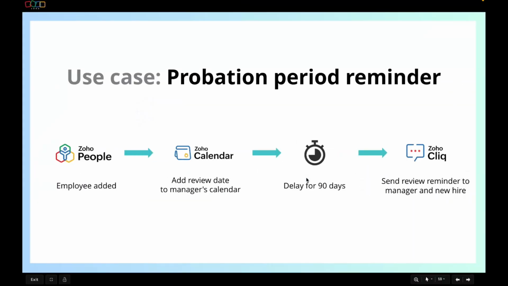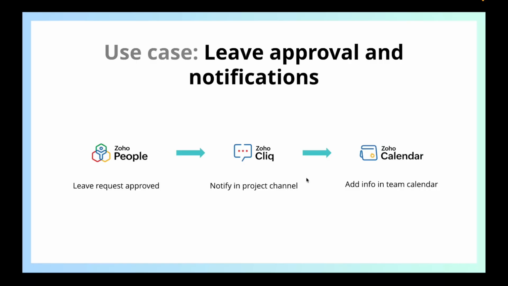Now I have a couple of examples more, but I'll just give you the conceptual idea of those workflows instead of showing you them in Zoho Flow. It's a very simple use case where leave requests and approvals are managed. So once an employee submits a leave request in Zoho People, you would want to send a notification to everyone in the project channel.